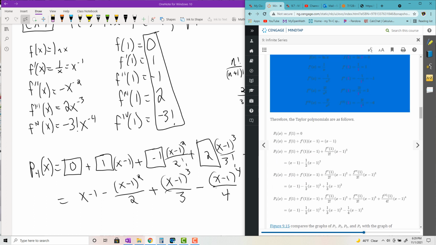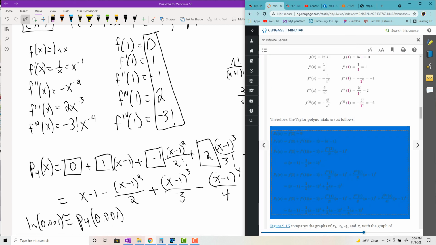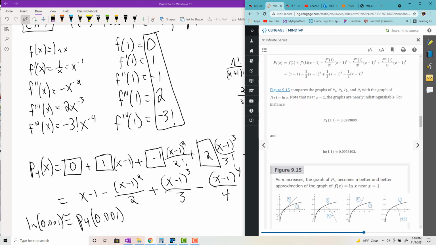Okay, this is important then because that's going to allow us to figure out what's the ln of 0.001. All you'd have to do is plug, so if you wanted to know something like ln of 0.001, you could basically just plug 0.001 into this polynomial. Okay, and then evaluate that, and you'd have some sort of answer. Okay, it may not be a great approximation, but it would be something.